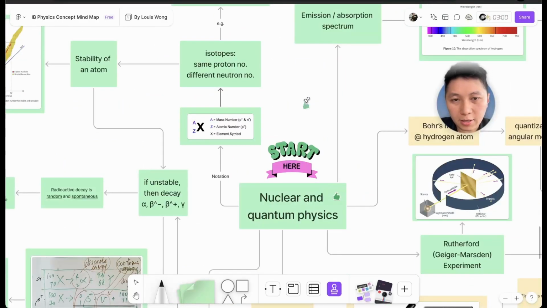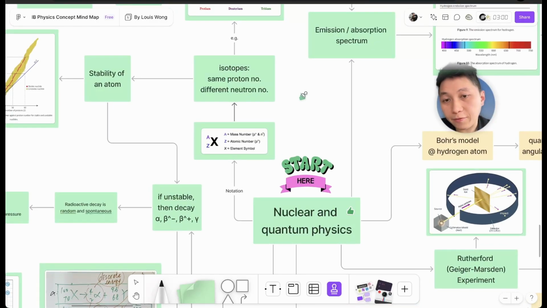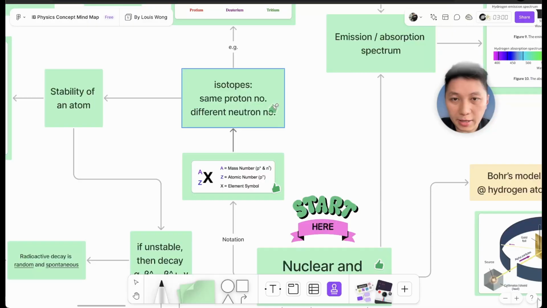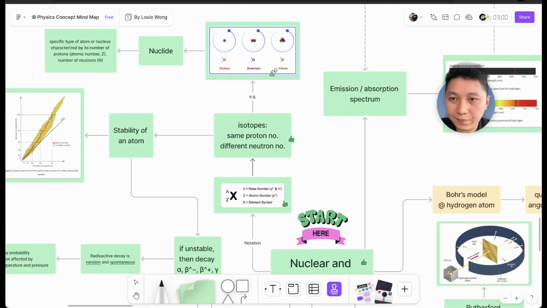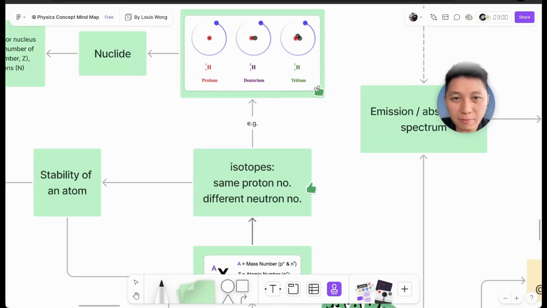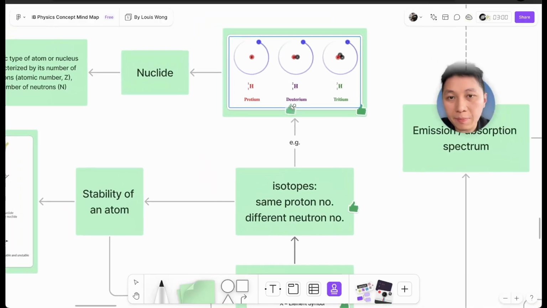So, nuclear and quantum physics. Let's start with the notation, which I'm sure you all know, and then the idea of isotope. Very self-explanatory. Here I put an example of what isotope is: hydrogen 1, 2, and 3.